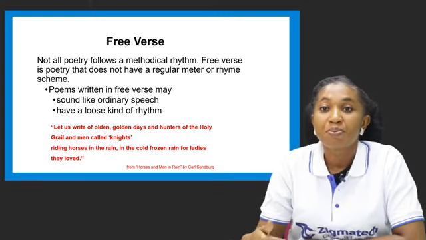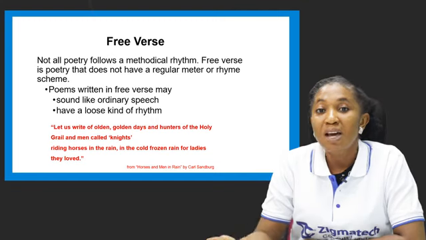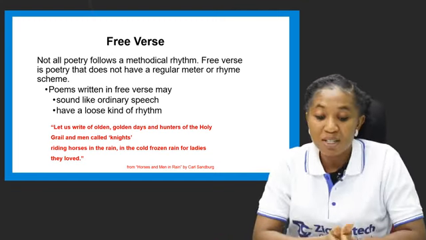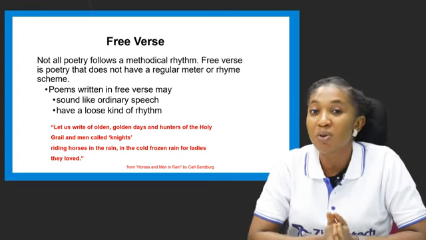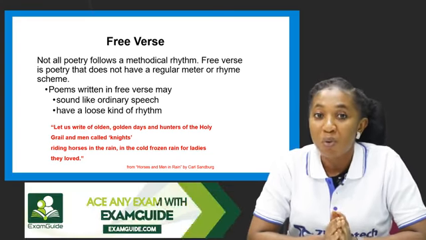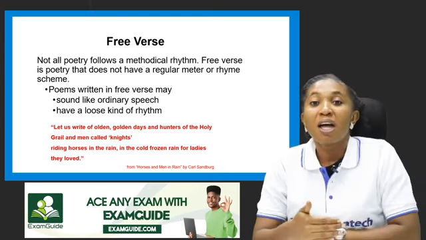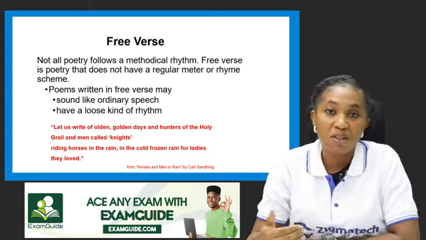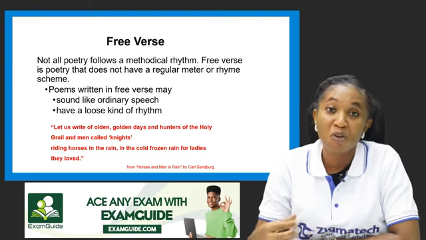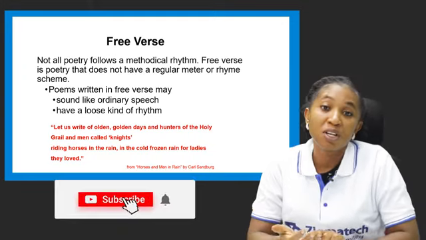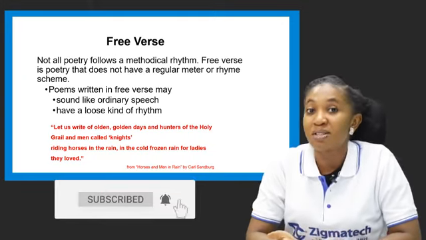So we've talked about these types of metrical pattern. A close look at them will help you understand poetry very well. Before you have a deeper understanding of metrical feet or metrical pattern, you should have a sound knowledge of stressed and unstressed syllables.